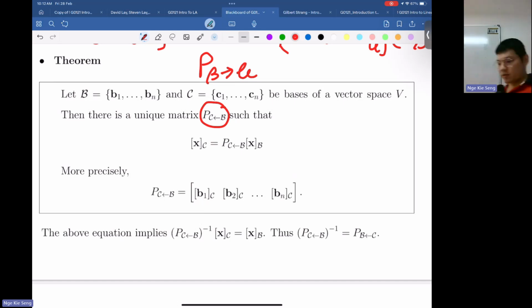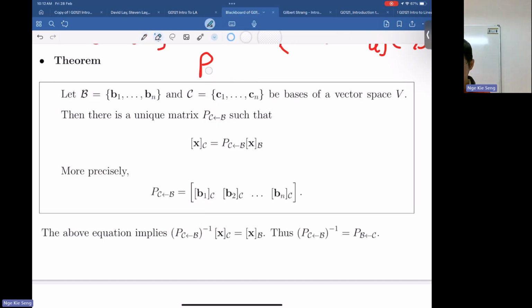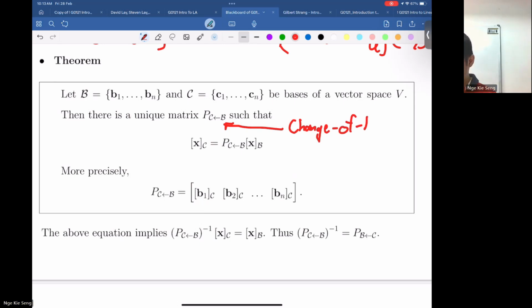So P_B to C is such that the coordinate vector in C is equal to this matrix times the coordinate vector in B. We call this the change of basis matrix, from B to C.